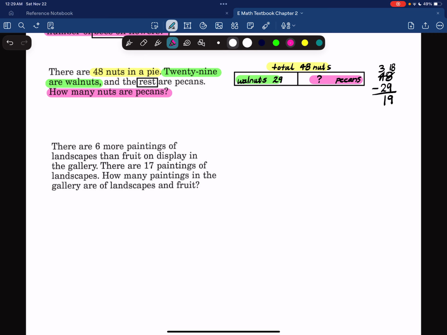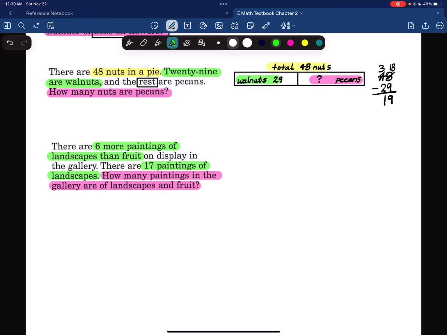The question is, how many paintings in the gallery are of landscapes and fruit? And let's get some more information. It tells me there are 17 paintings of landscapes, and there are 6 more paintings of landscapes than fruit.